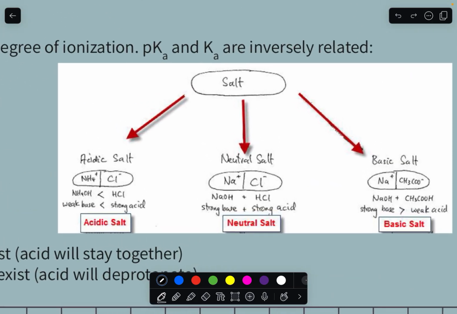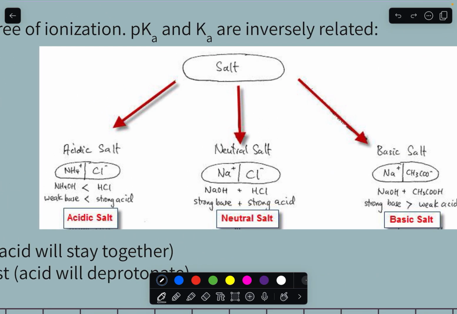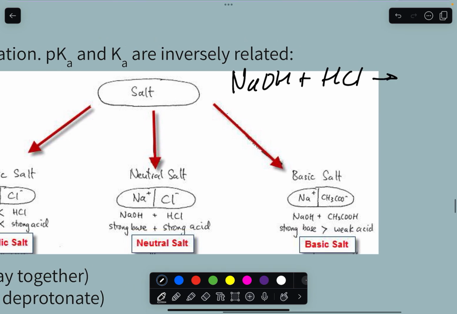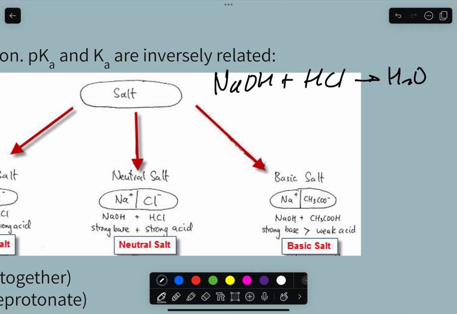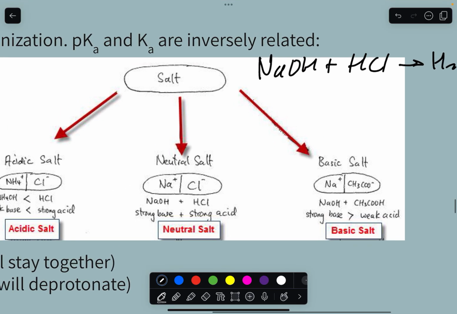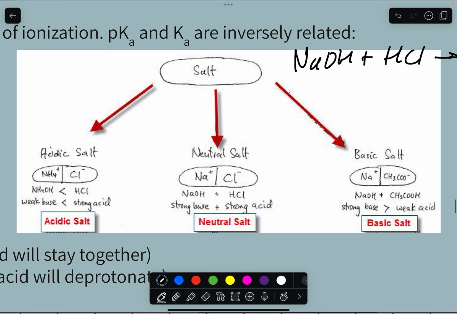Looking at this chart, if we make a salt, like NaOH plus HCl goes to H2O plus NaCl, and the salt is acidic, like NH4 plus with a Cl minus, it's an acidic solution at the end.